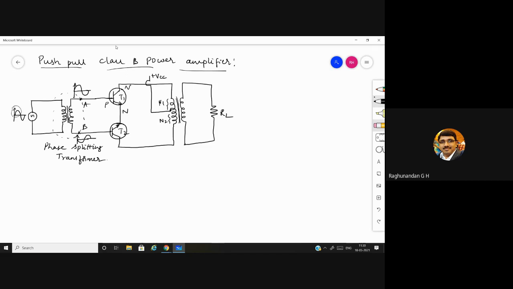At the same time, transistor 2 is going to get the negative half cycle. So that's why transistor 1 is going to turn on. After this, the output transformer we are having now is known as the push-pull output transformer.